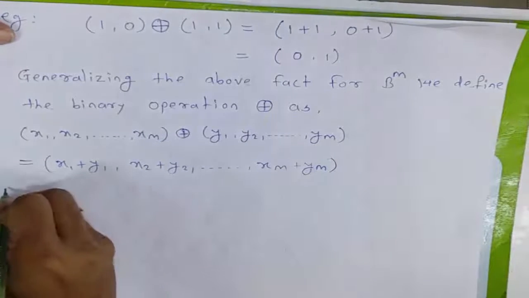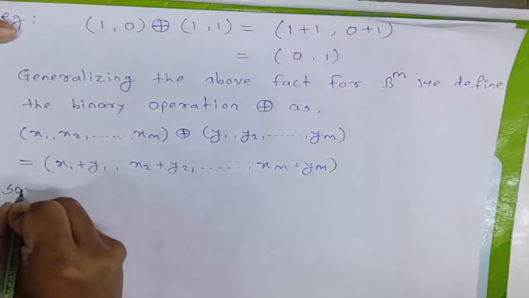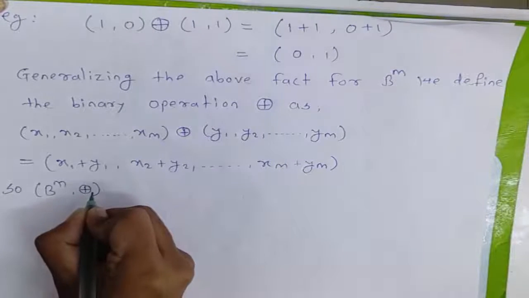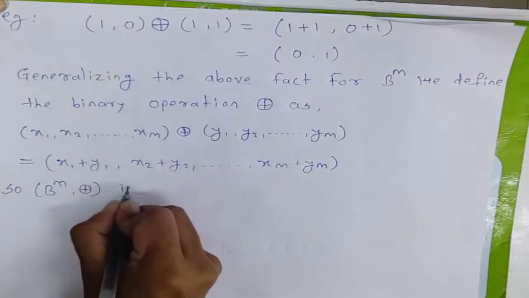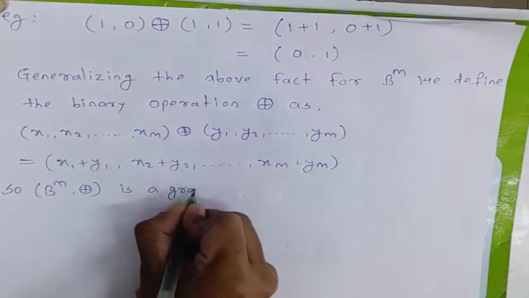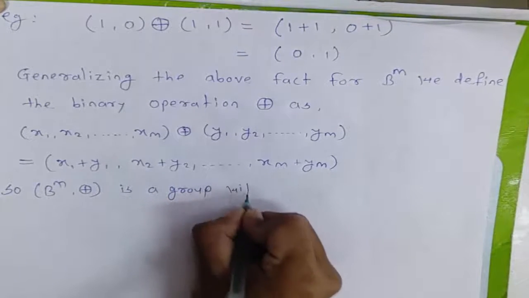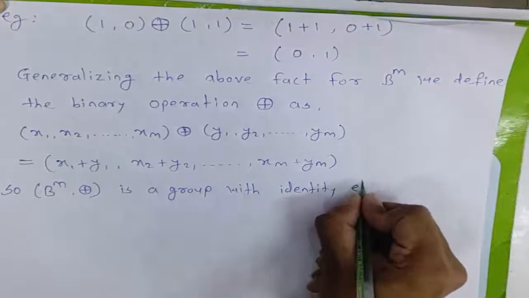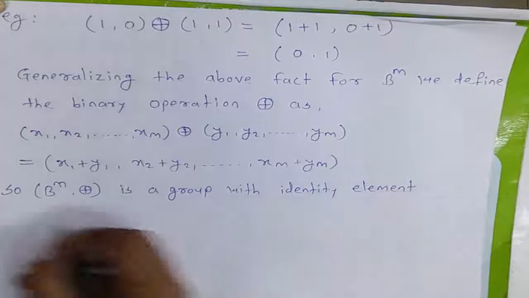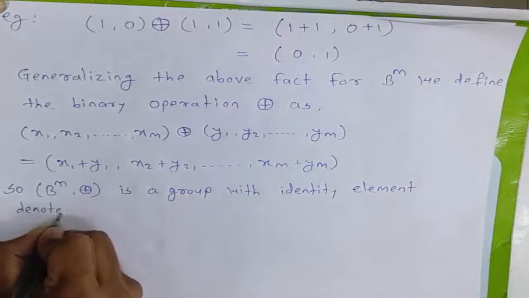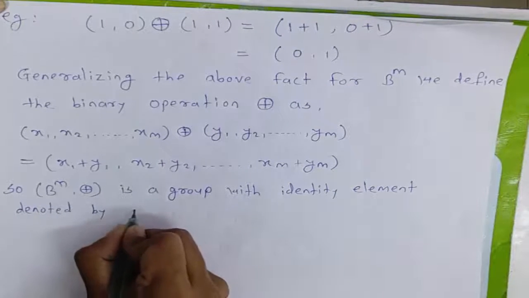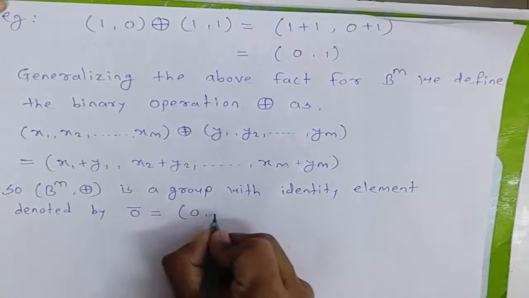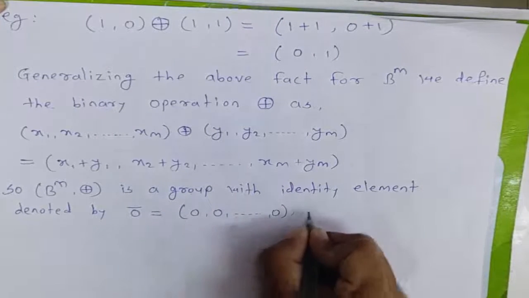Okay, so B raised to m with binary operation ring sum is a group with identity element denoted by 0 bar. So identity element is denoted by 0 bar, that is (0, 0, 0, so on up to 0), m times.